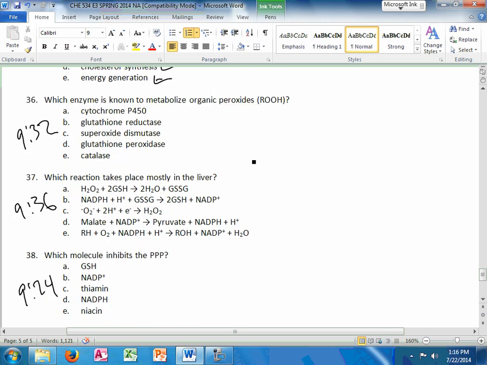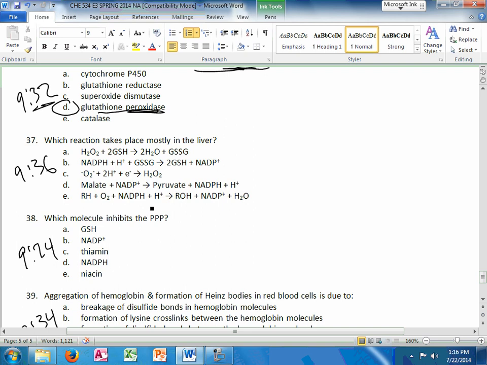Which enzyme is known to metabolize organic peroxides? Peroxides, glutathione peroxidase. See that on slide 32. Reaction taking place mostly in the liver is the last one here.